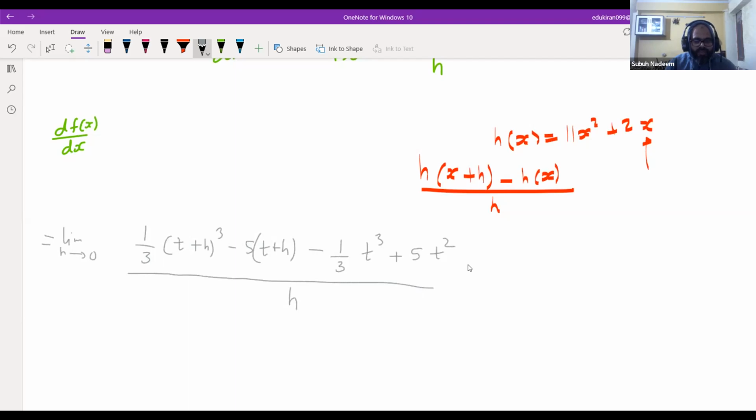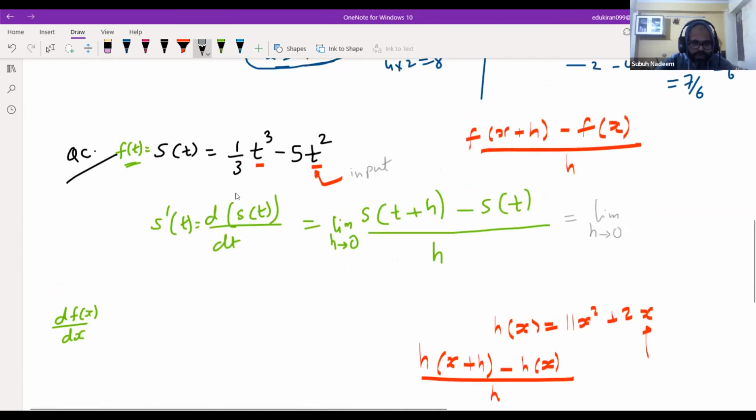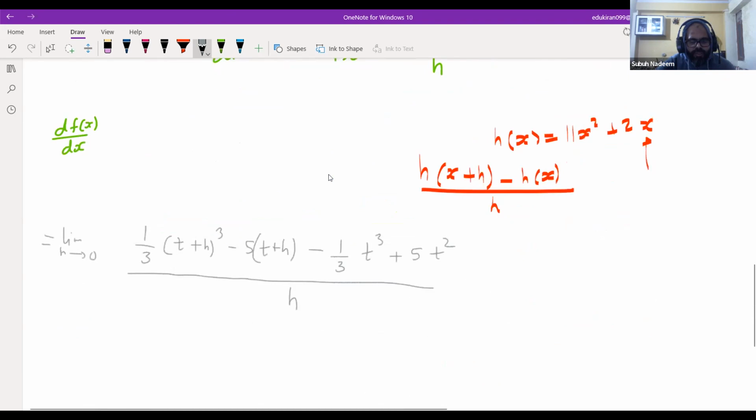Can we write it like this? Yes, sir. This is s of t plus h. So instead of t, we put t plus h everywhere. And then we have s of t, so we put s of t here. I hope it is clear.